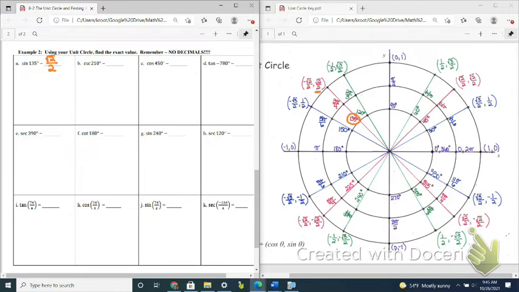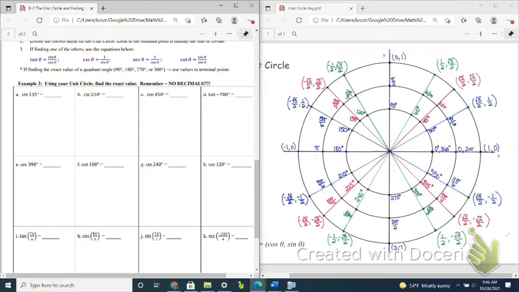So for this next one, I need to look at, hold on. Let me zoom out a little bit. Okay, I wanted to make sure I could pull up the equations. So if I look at cosecant, cosecant goes with the sine. So what I need to do is figure out what is the sine of 210 degrees. So I come over here, 210 degrees right here, sine is negative 1/2.